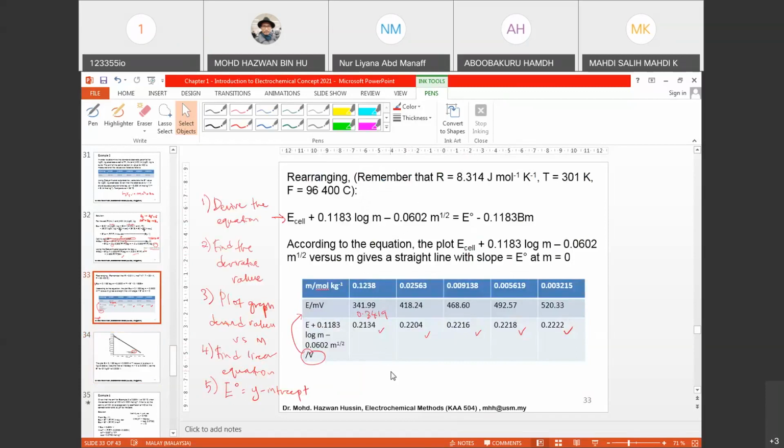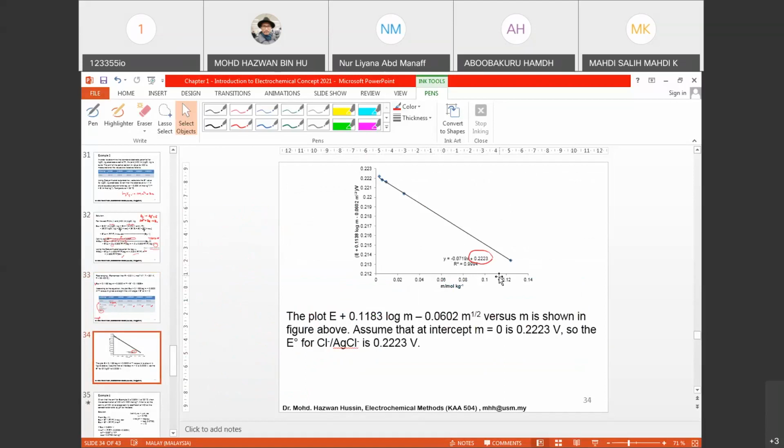You can use this value as your y and this value as your x, and it will generate the linear equation. Those who still have no idea how to get the linear equation from your scientific calculator, maybe you can learn from a friend who has the knowledge.